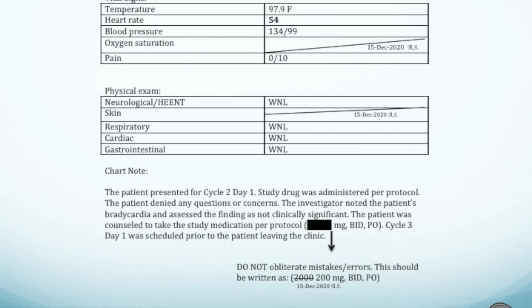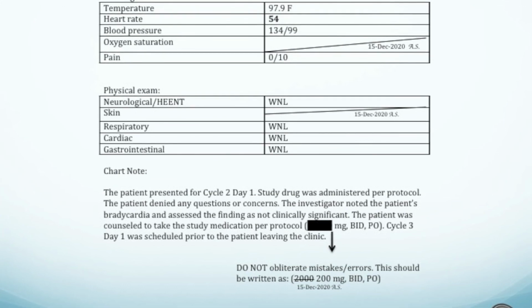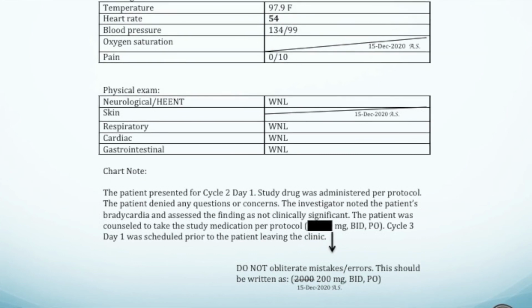So we can see in this example that the subject came in and the vital signs were taken. We see that the heart rate was a little bit low. We can also see during this slide that a chart note was written.